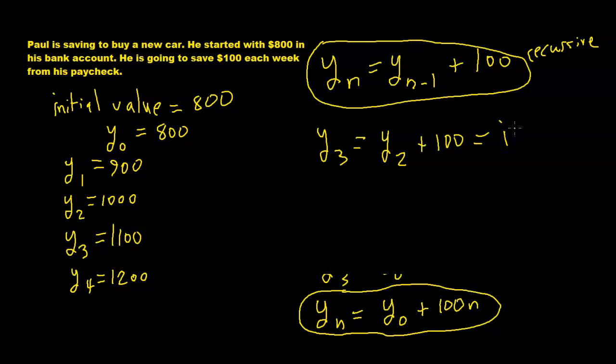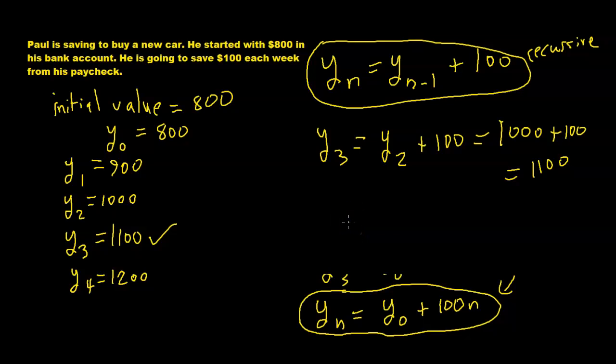It's 1,000, right? y2 was 1,000 plus our common difference 100 does indeed equal 1,100. We got that right. Or we could use this formula here.